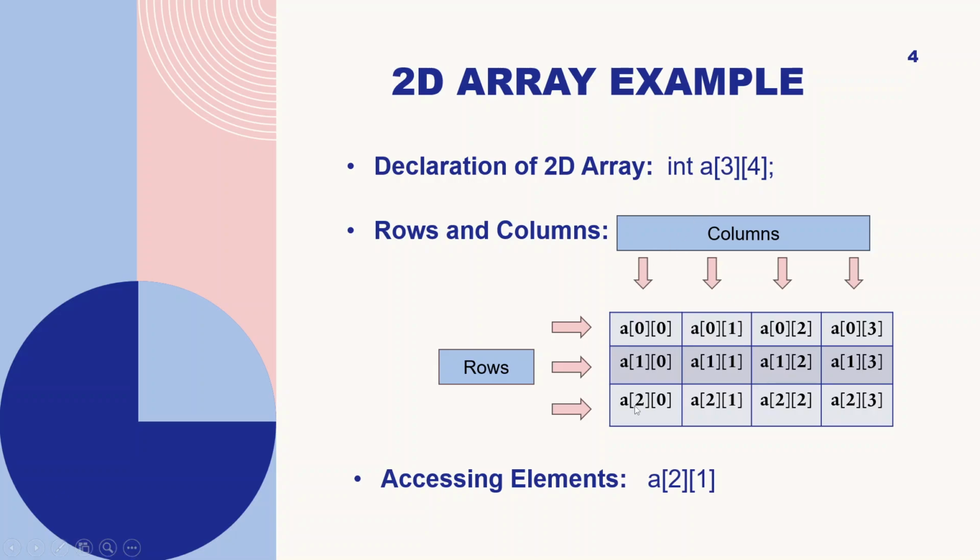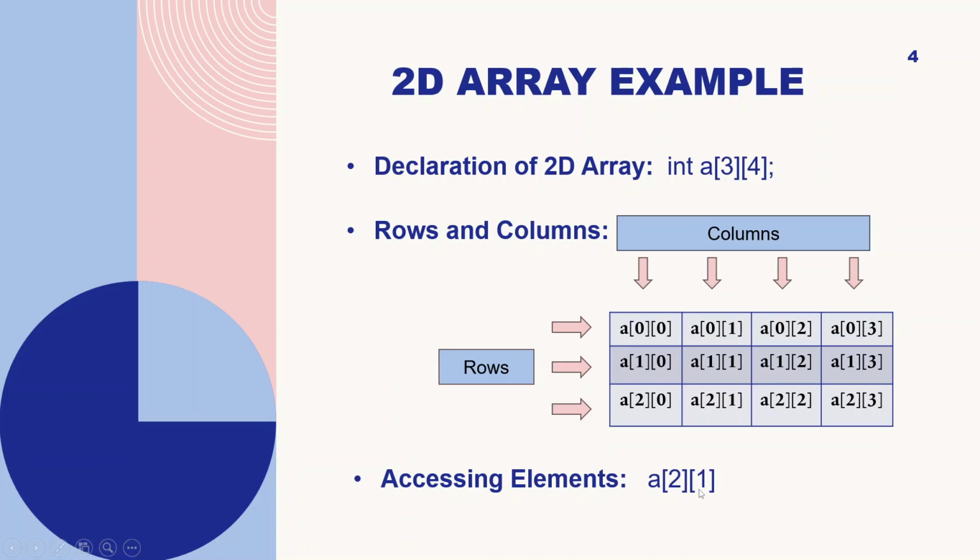Each element here is accessed using two indices. The first index is the row number and the second index represents the column number. For example, A[0][0] represents the element of the first row and first column.